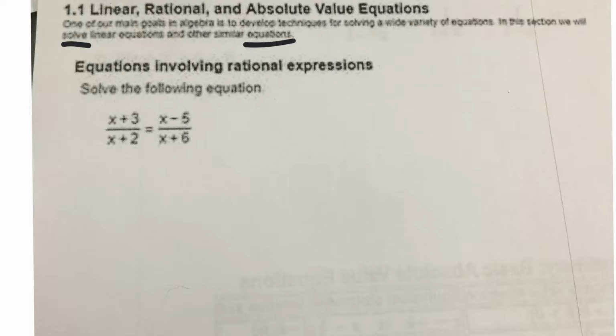So this first equation, does anybody know what we call this? I say it a lot of times in 8th grade. Well, they are ratios because they are fractions. But when we have two ratios equal to one another, that is called a proportion. It starts with a P. I don't know if I'm spelling it right.